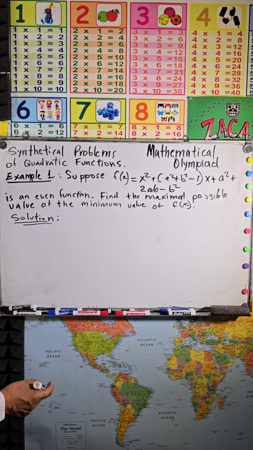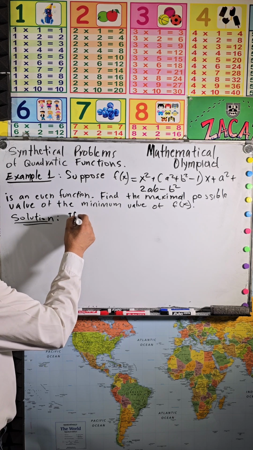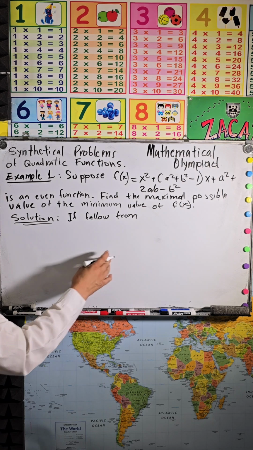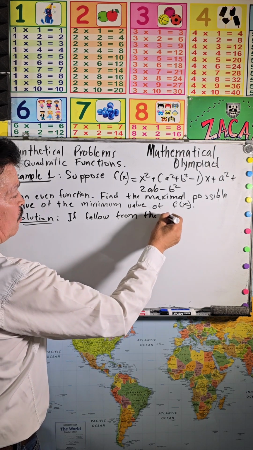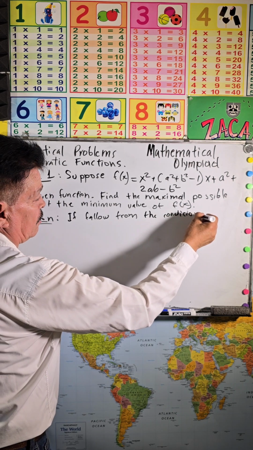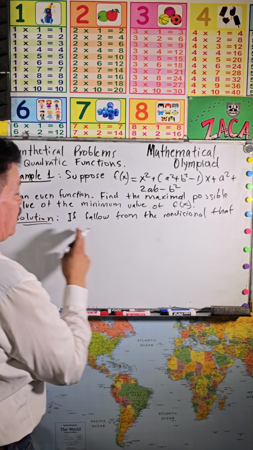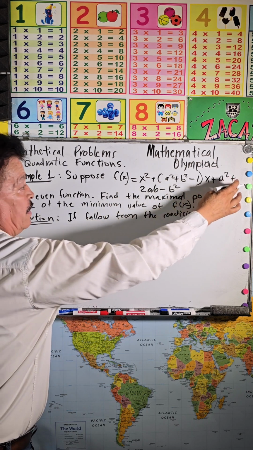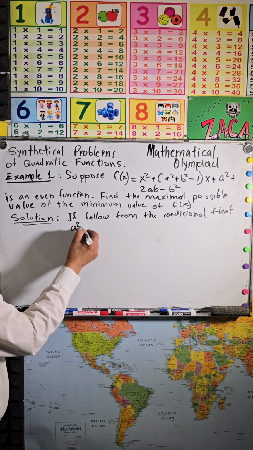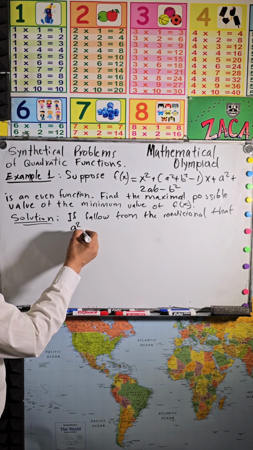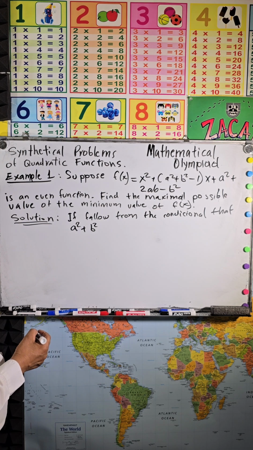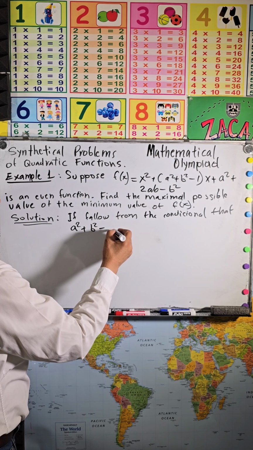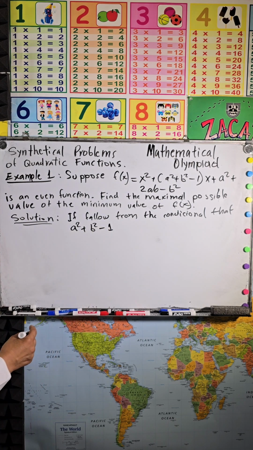It follows from the condition that we have a squared plus b squared minus 1 equals 0.